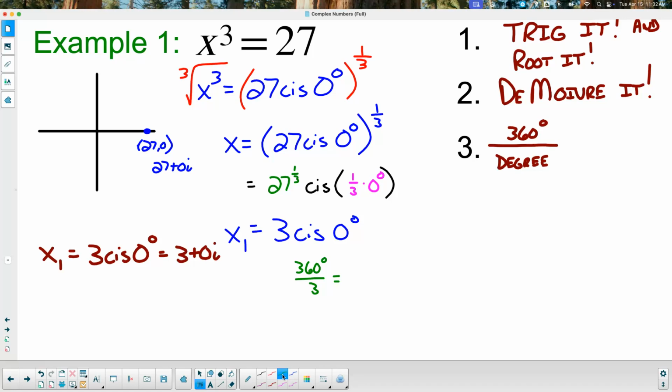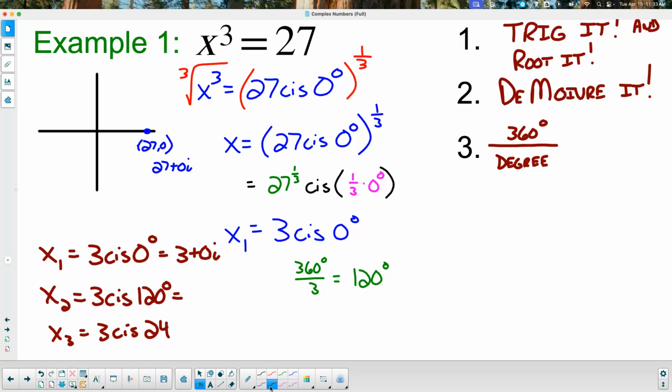How much? 120 degrees. So my next root then is going to be 3 CIS of 120 degrees. My next root is going to be 3 CIS of 240 degrees.